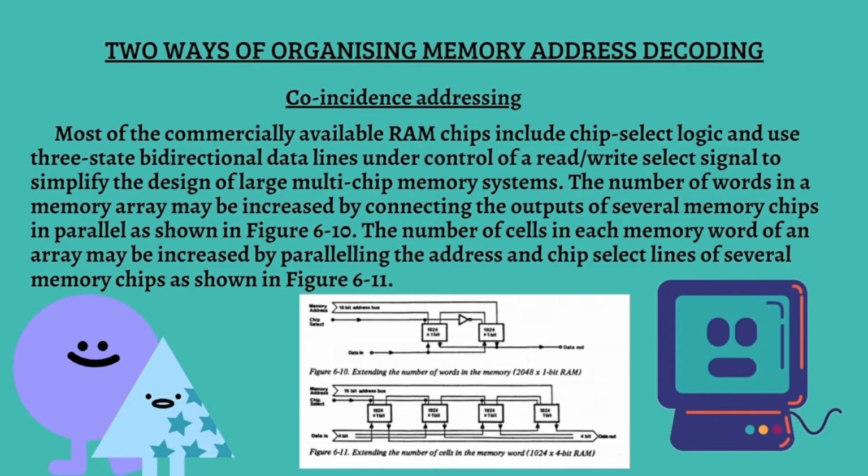The number of words in a memory array may be increased by connecting the outputs of several memory chips in parallel, as shown in figure 6-10. The number of cells in each memory word of an array may be increased by paralleling address and chip select lines of several memory chips, shown in figure 6-11.